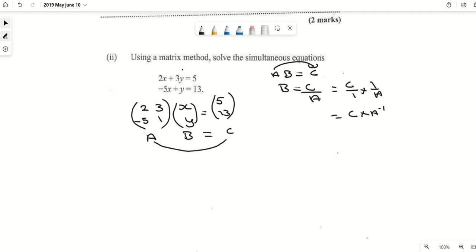However, A inverse is a 2 by 2 matrix and C is a 2 by 1, and because the number of columns in our first matrix and the number of rows in our second matrix are not equal, this cannot multiply like this, so it will turn into B is equal to A inverse by C.